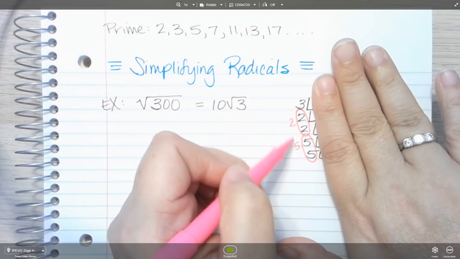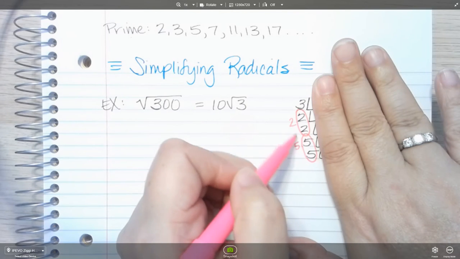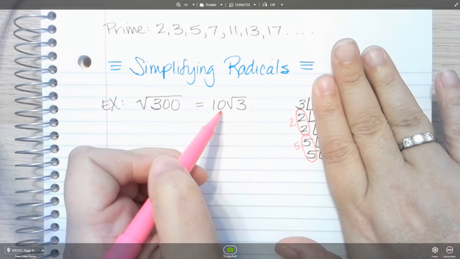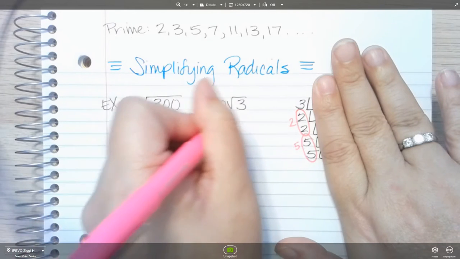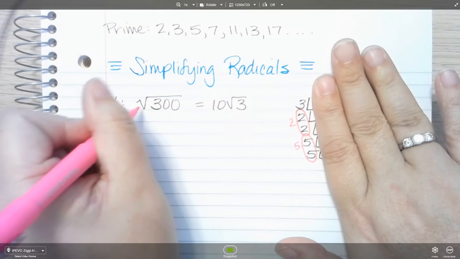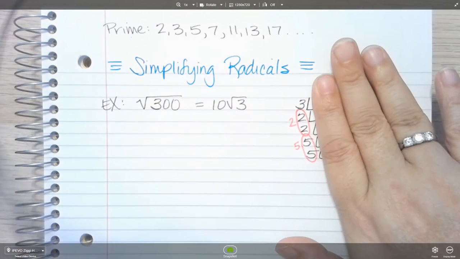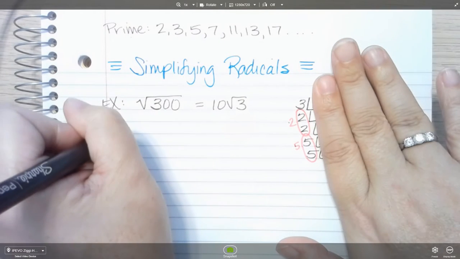Well, what's 2 times 5? Okay, 2 times 5, that's 10. Okay, so what I tell my students as they're working towards this process, what they would write down next, when they got the square root of 300, I tell them, okay, you're going to write 2 times 5.